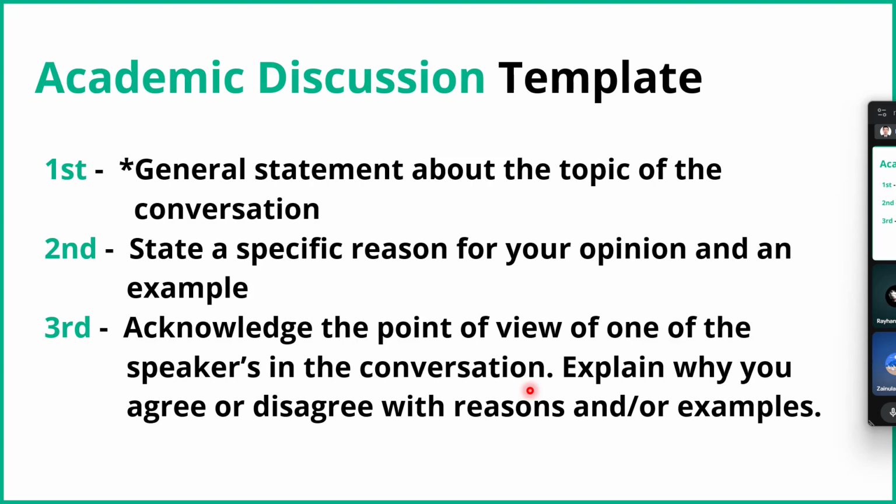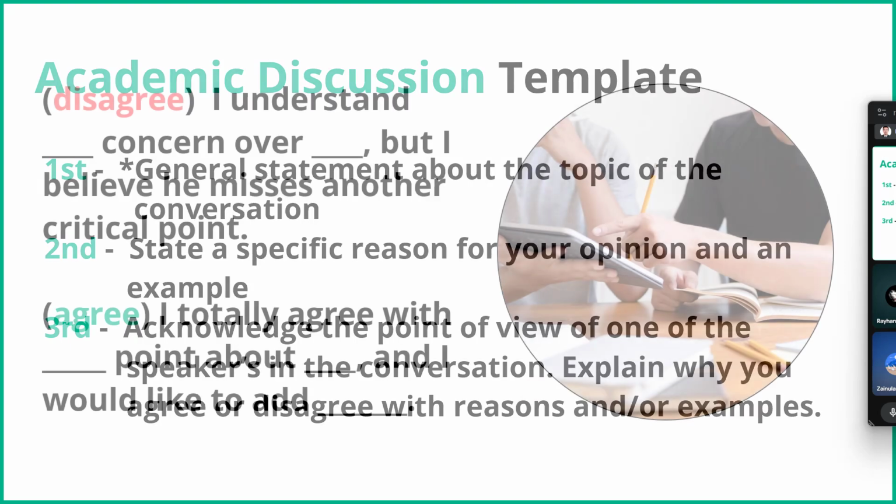After saying whether you agree or disagree, you have to explain and provide examples for that as well. So this section is exactly the contribution section, where we provide our agreement or disagreement with one of the students in the prompt and provide examples and reasons with it.